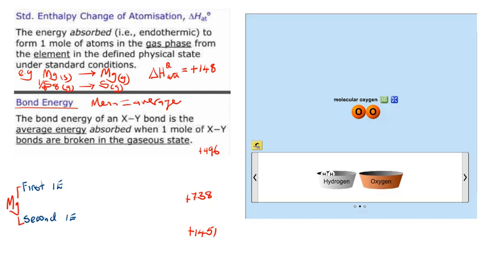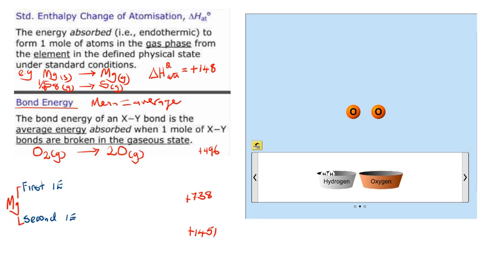To break the double bond, we are going to form 2 moles of atoms. So we started with O2 in gaseous state, then we formed 2 oxygen atoms in gaseous state.